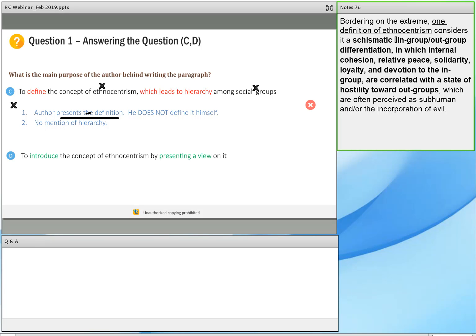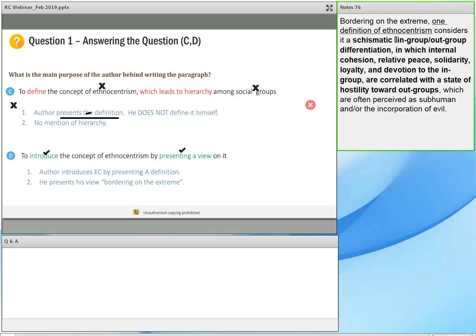Okay. And choice D, which is the correct answer: to introduce the concept of EC by presenting a view on it. Does the author present a view on it? Yes, he says it's bordering on an extreme. And does he introduce the concept? Yes, he does. He says, that's what the definition is. So that part is correct, which is the correct answer.